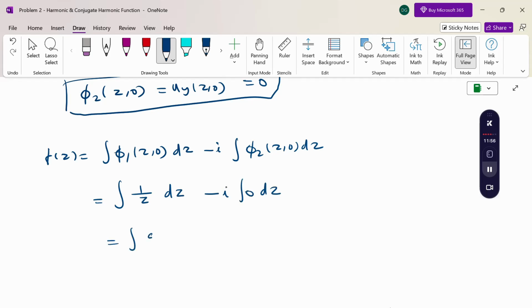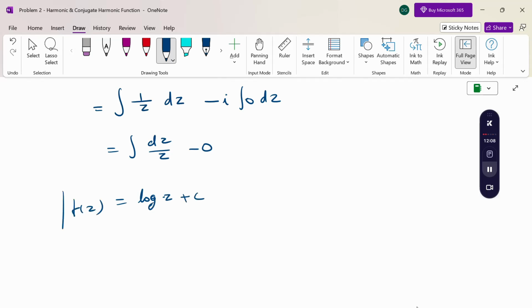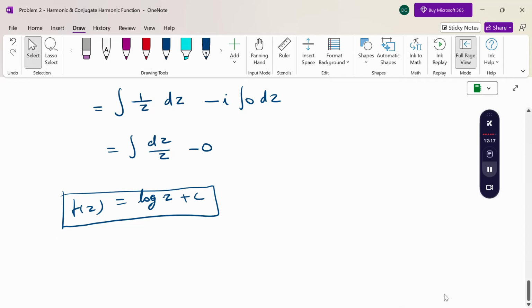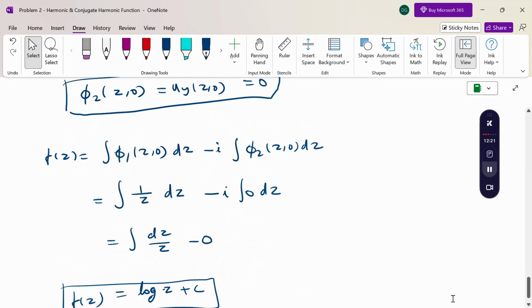So this is the integration of dz by z minus 0. dz by z is nothing but log z plus a constant. So this is the f of z value: f of z is log z. Now from this equation we have completed f of z, since u is harmonic.